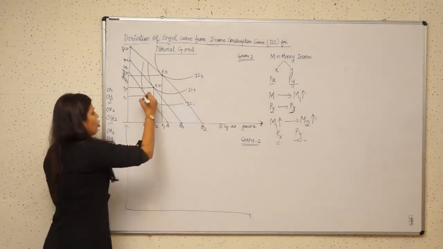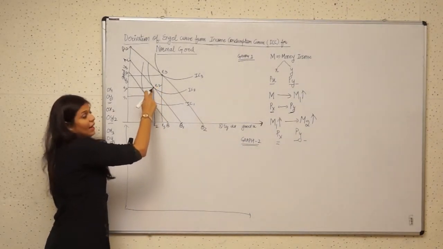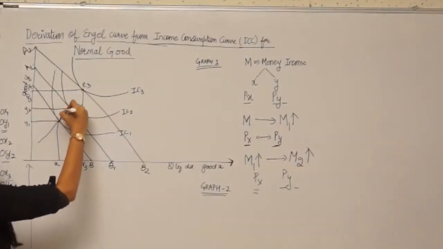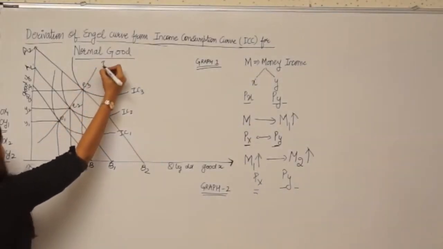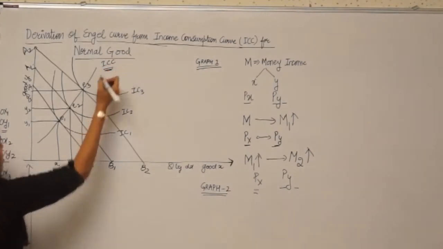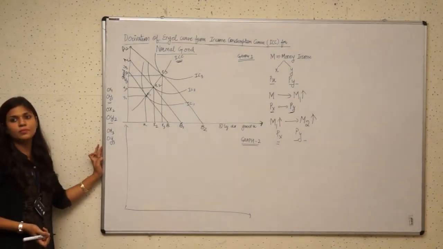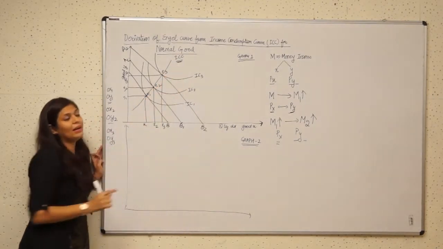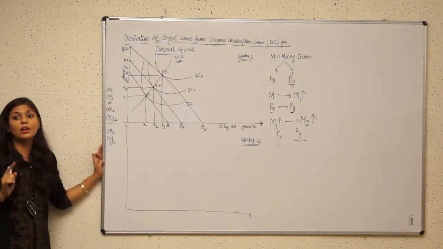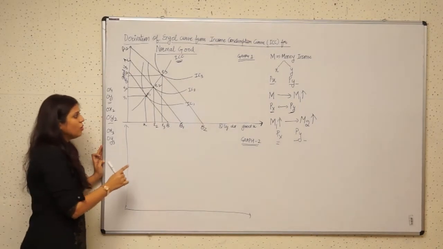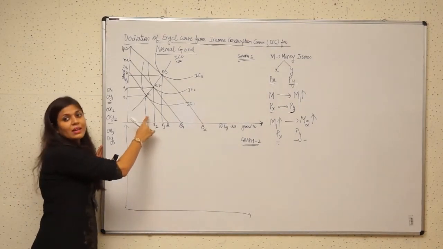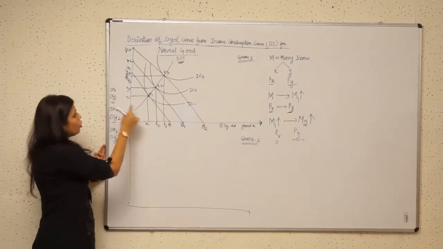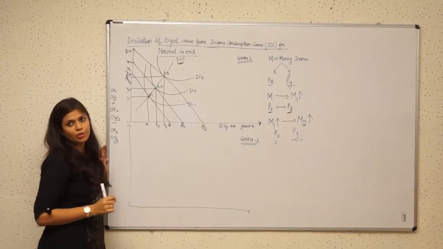Now by joining points E1, E2 and E3, we are going to get the income consumption curve. As we learned in the beginning, the income consumption curve is a curve that shows the change in the consumption pattern of a consumer due to the change in the money income of a consumer.